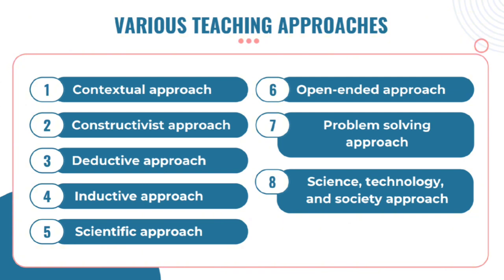Its goal is to produce students who not only have a strong understanding of science and technology but also appreciate their impact on society. Additionally, it aims to equip students with critical thinking skills and the ability to make informed decisions within the complex context involving science and technology.